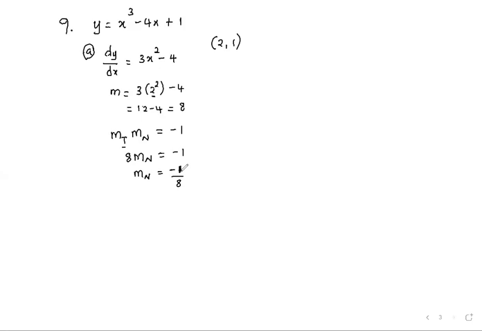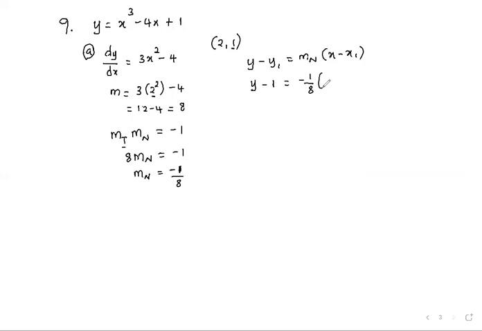Okay, so we now use the equation y minus y1 is equal to the gradient of the normal, if you're looking for a normal line, times x minus x1. So y minus y1, from the point we have 1, is equal to minus 1 over 8.